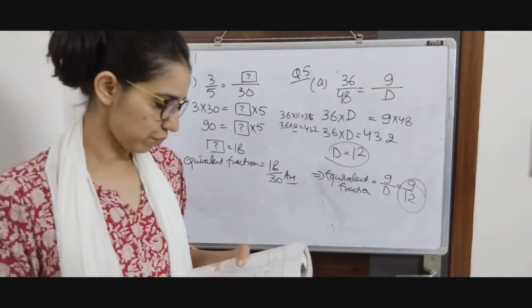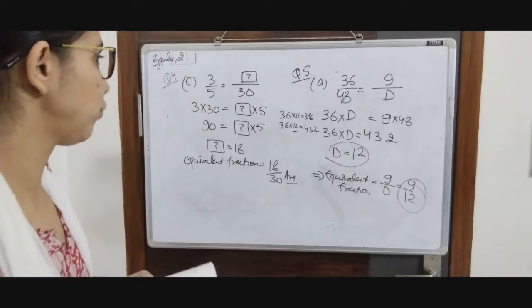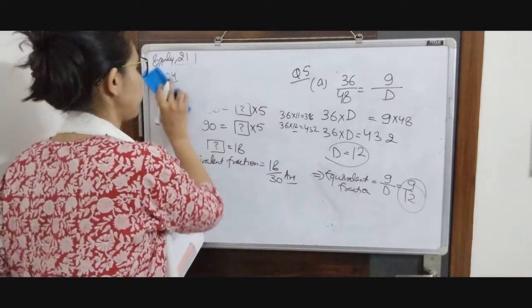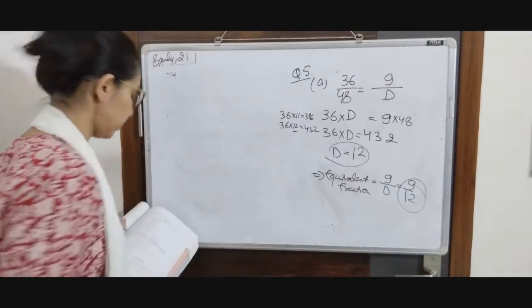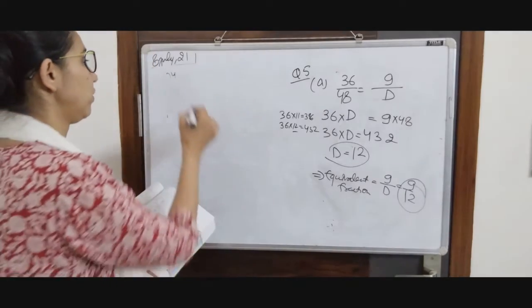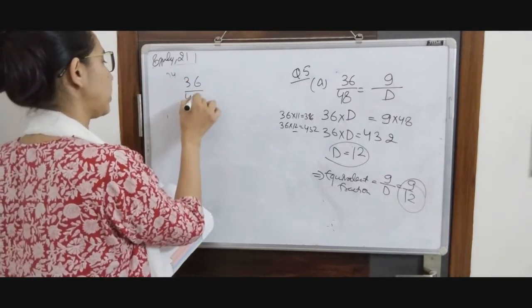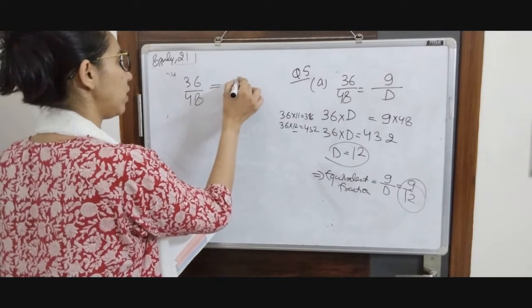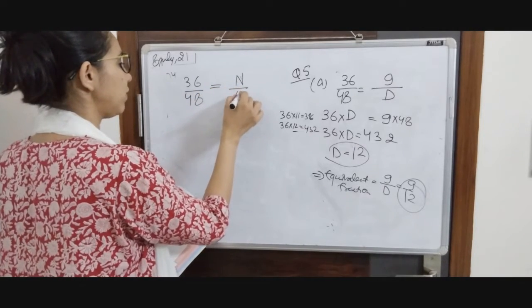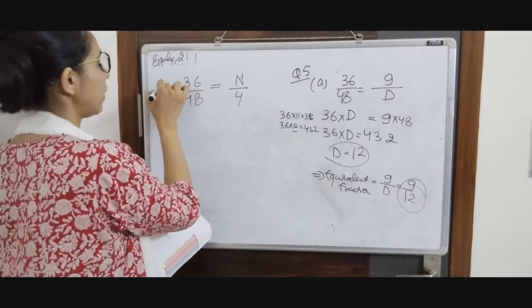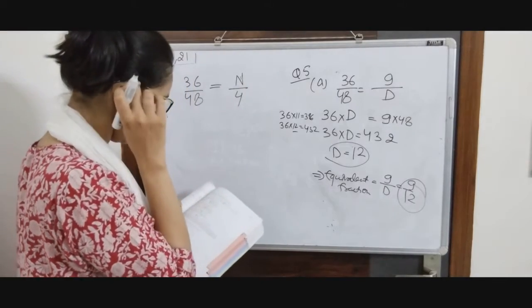And now we have the part B, in which we have to find out with denominator 4. Okay, so 36 by 48 is equal to numerator. We have to find numerator, and we have to write 4 here because denominator is 4.